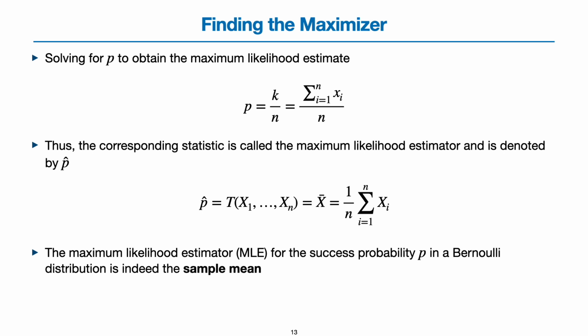And you also find your statistic, which is this function t, known as the sample mean, meaning that if you have a bunch of observations, simply find the average, right? 1 over n, summation of xi's from 1 to n. And so in order to summarize this, we say that the maximum likelihood estimator for the success probability p in the Bernoulli distribution is the sample mean.